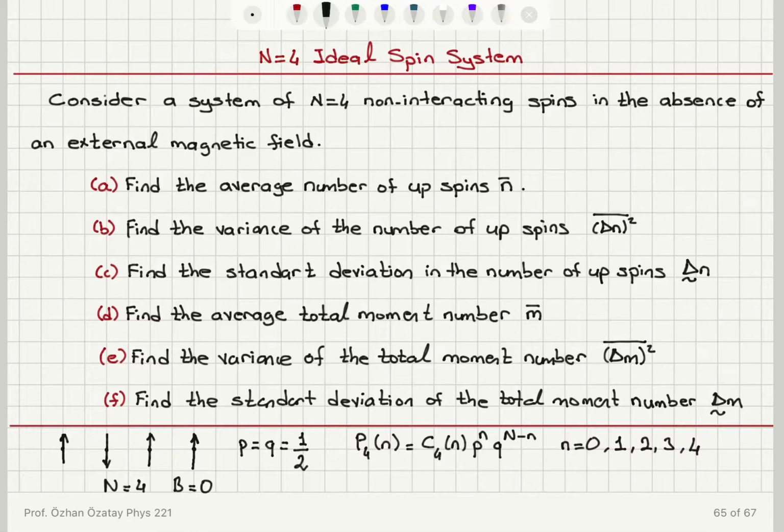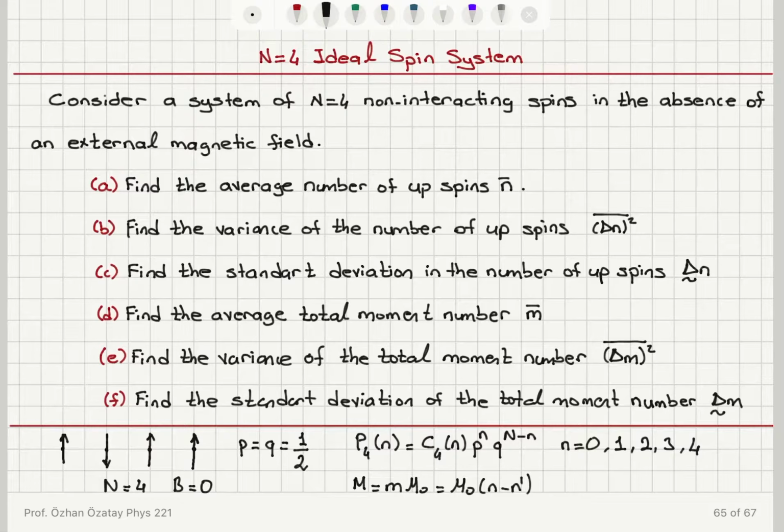The total moment I show with capital M. This is total moment number times mu 0, where the total moment number is n minus n prime.